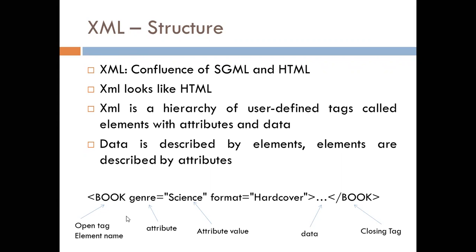So we have the opening tag, attribute, attribute value, then between the opening and closing tag we have the data, and finally the closing tag. And remember, the data can also be a tag itself. Any level of nesting is allowed in data.